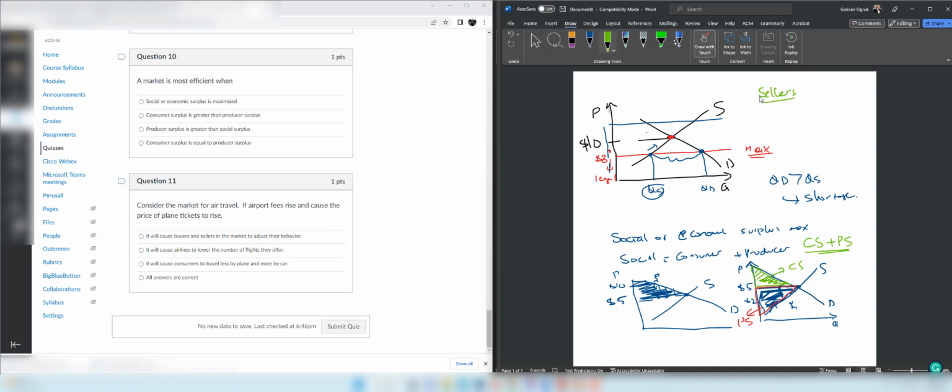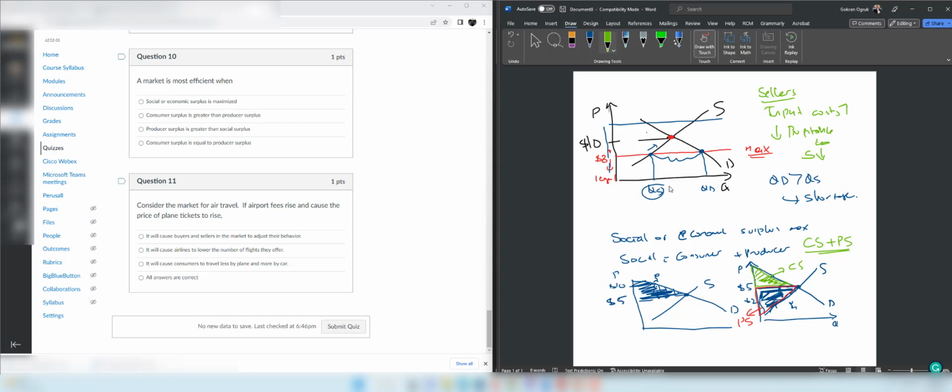We are the buyer, we don't know what the airport fees are, but this is an input cost for a seller. If input costs are increasing, it becomes more expensive. Remember, we are going to check whether it is profitable or not. If it's less profitable, if you are making less money, then the supply is going to go down. If it's more profitable, supply is going to go up.